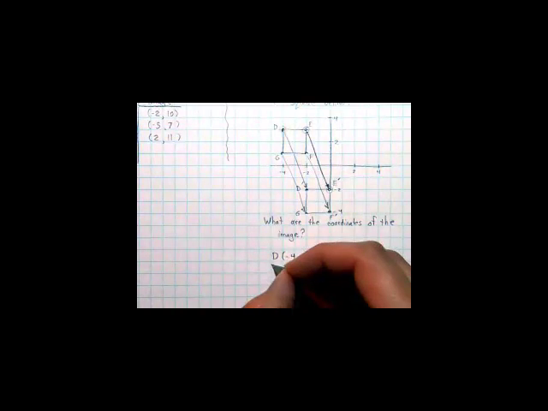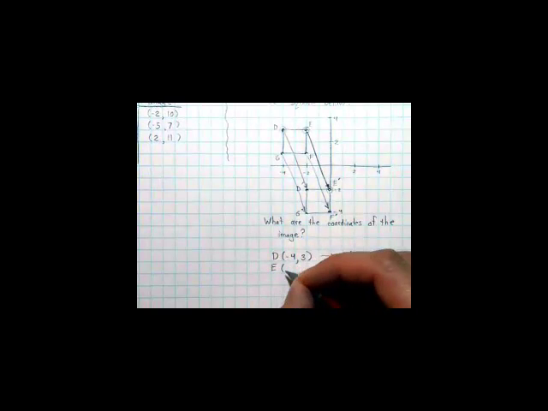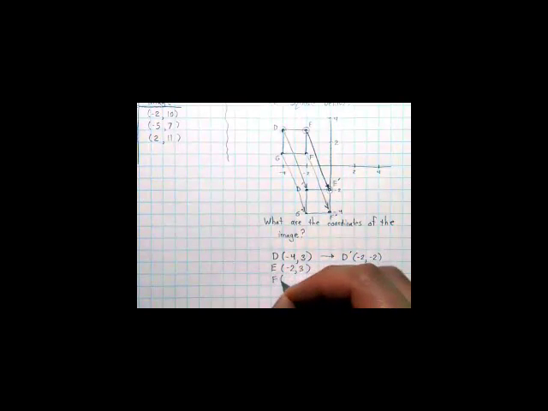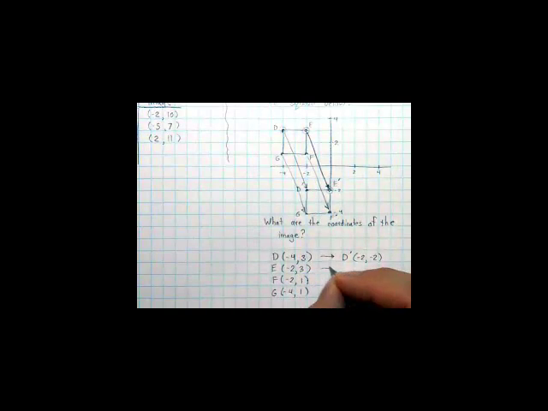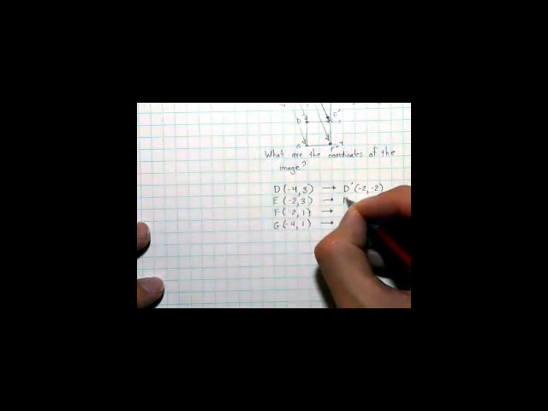Okay, so if I keep applying this rule just like I did the other ones, E is at (-2, 3), F is at (-2, 1), and G is at (-4, 1). So I can very quickly, just like I did with the rule, get E prime, F prime, and G prime just by adding 2 to every x and subtracting 5 from every y.